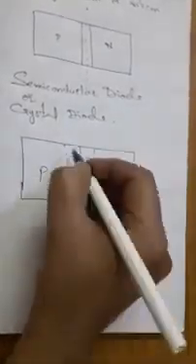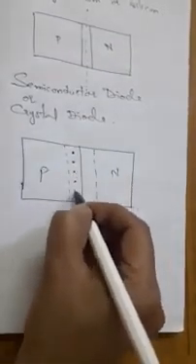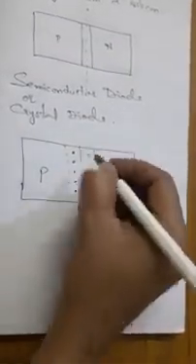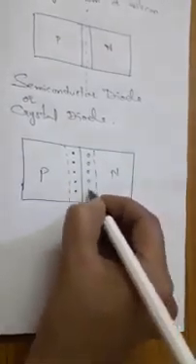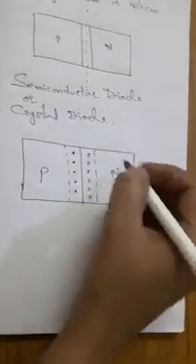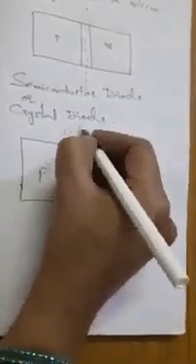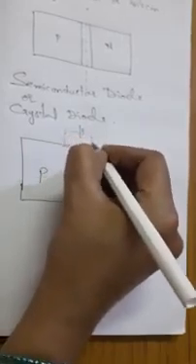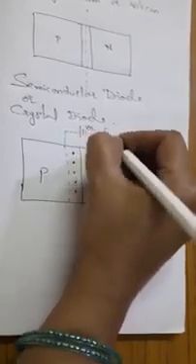Here let us suppose after the diffusion process, electrons come to the p side and holes go to the n side. This is VB, the potential barrier.